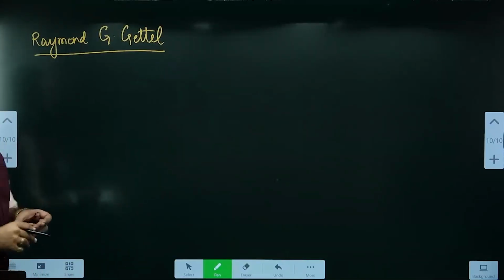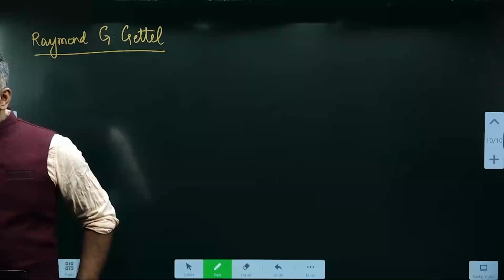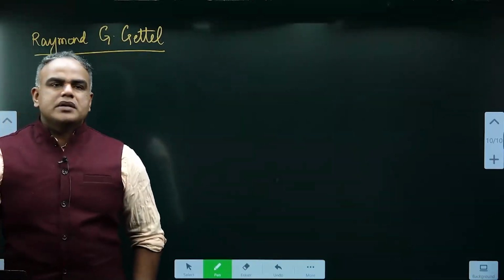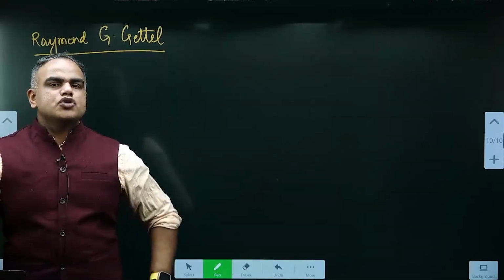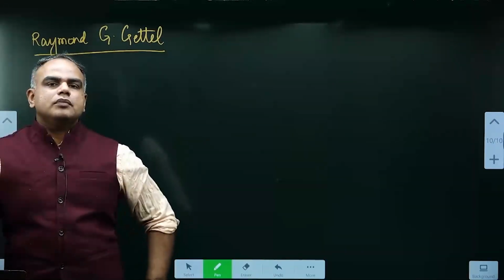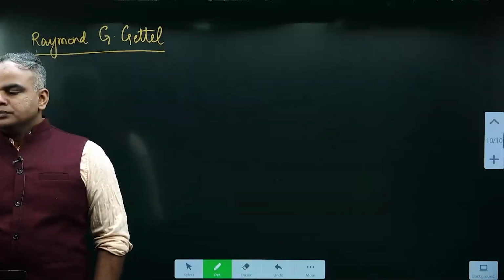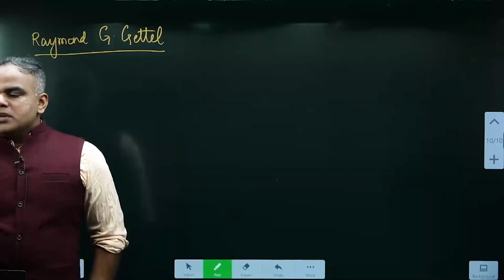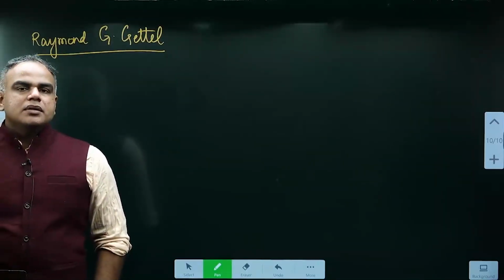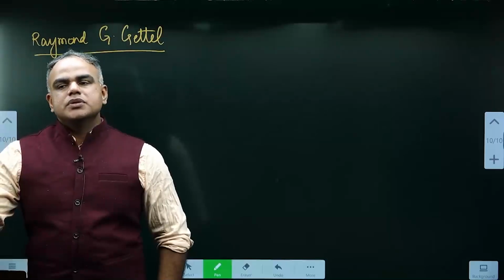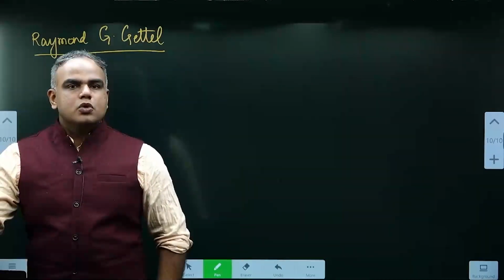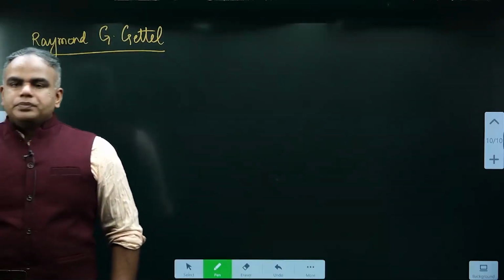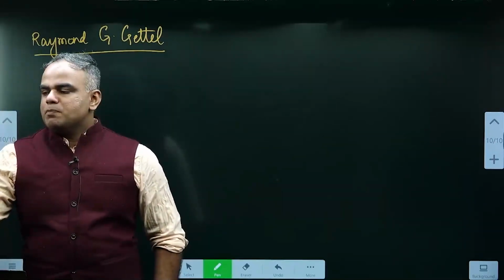Write according to Raymond G. Gettel, put a dash, of all social institutions, comma, the state has been the most universal and the most powerful.